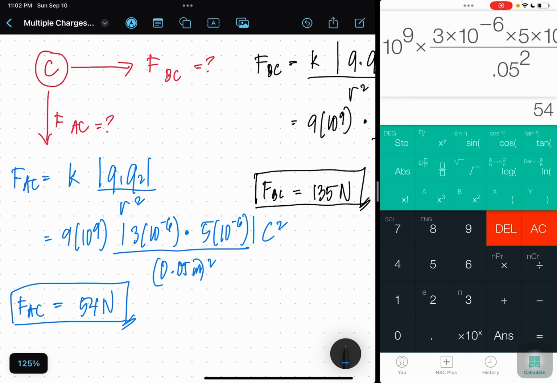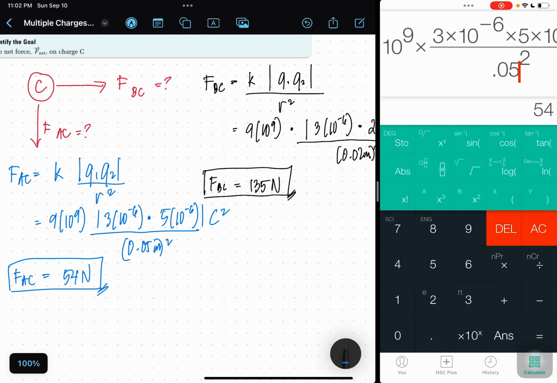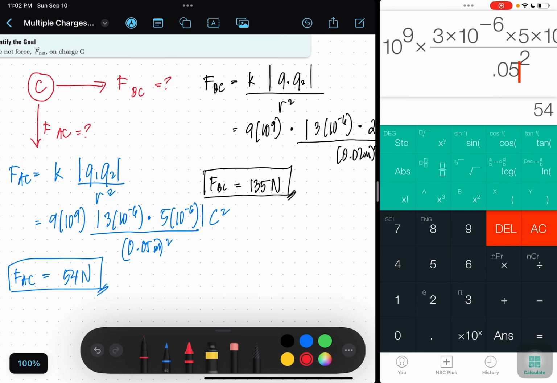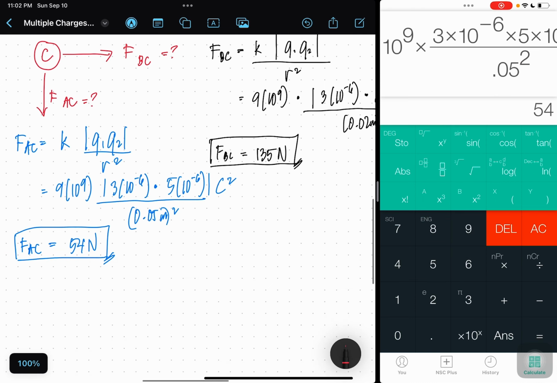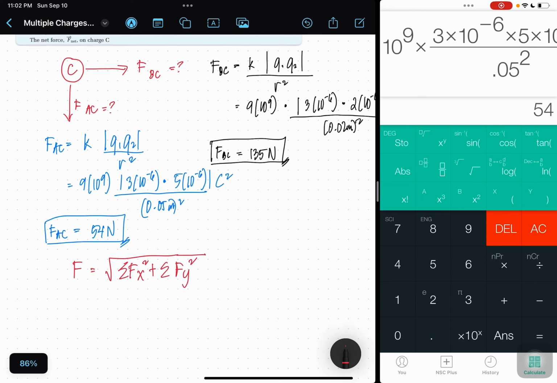So if you can recall, summation of forces along x and y. So para makuha po yan, di ba, the net force is equal to the square root of the force acting on the x-axis squared plus the force acting on the y-axis squared. And don't forget to square them. So yun po yun.